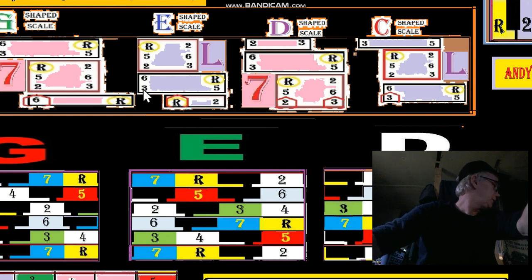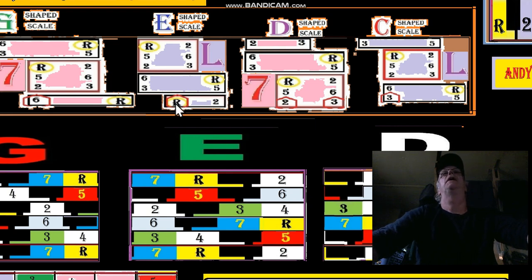I don't remember what key I was playing that in. Oh, that was in C. Okay, so it was the key of C because this is in the key of C. We know what we did because we proved it. If you did it, you can prove it. If you didn't do it, you can't prove it.